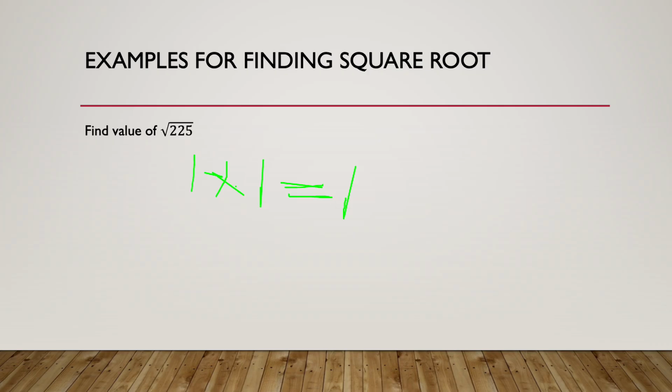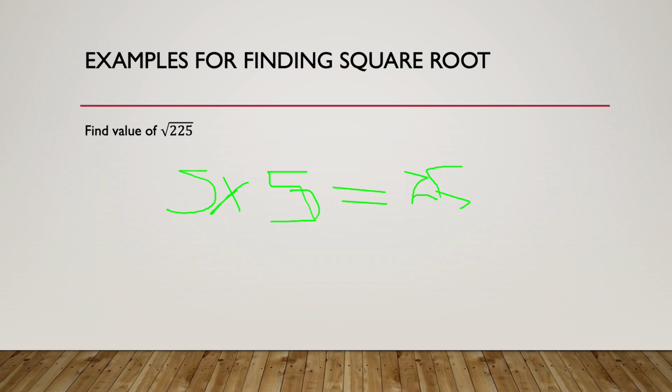Next one, number 5 multiplied by number 5 equals 25.